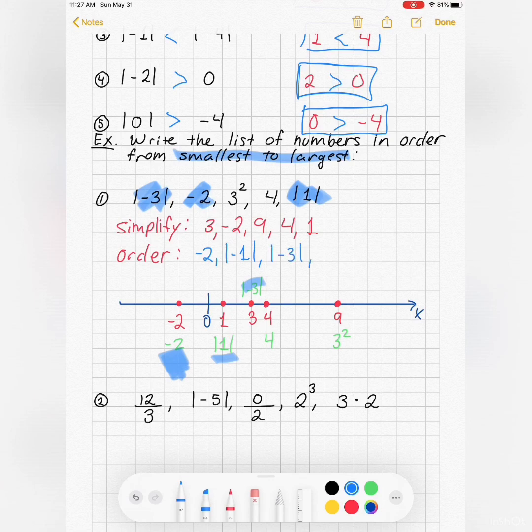The next one, 4. And then the next one, 3 squared. So negative 2, then absolute value of negative 1, then absolute value of negative 3, then 4, then 3 squared. I think that's the way we should write our final answer here.